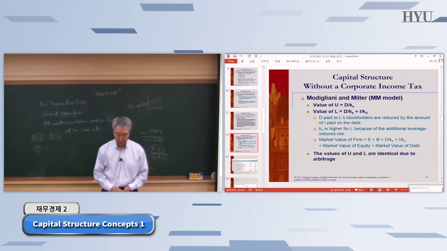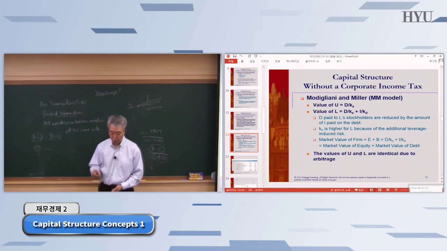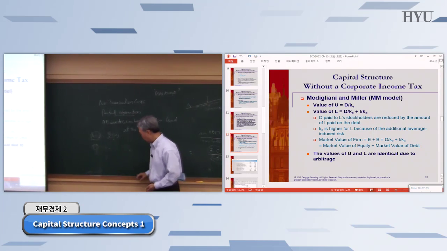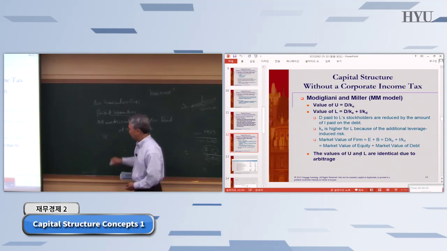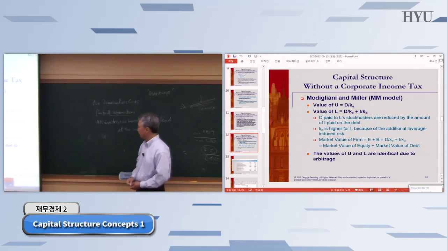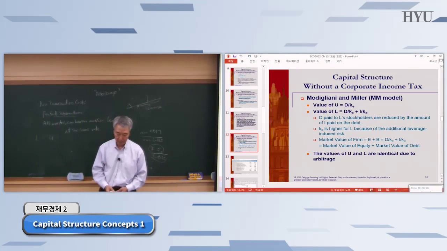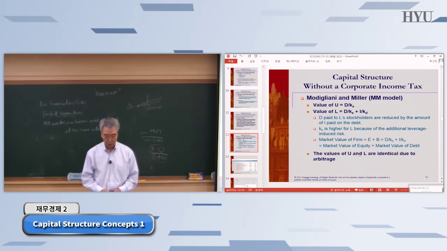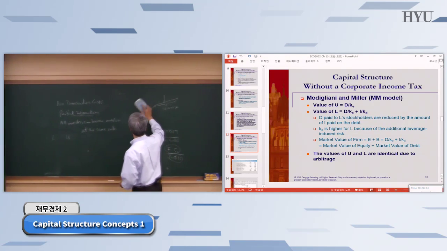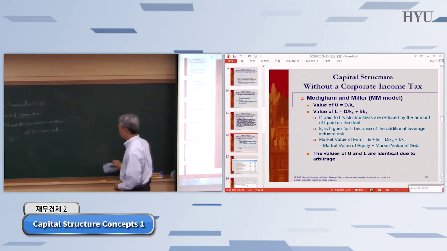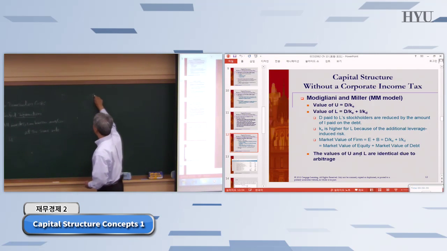Okay, so here, a little more detailed. Let's say there are 2 companies. Instead of A and B, now we're going to say unlevered stock versus levered stock, levered company. So the value of the company U is D divided by KE. D is dividend. Remind yourself of this perpetuity idea.